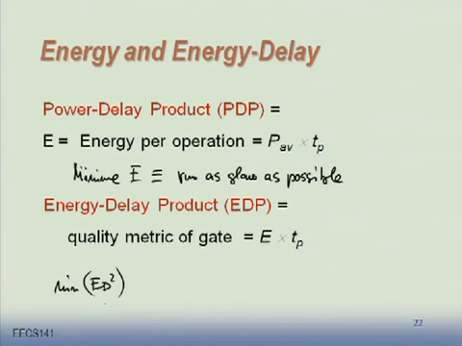If you want to run things really at low energy, with both energy and delay in the mix, you need to somehow find some kind of a trade-off. So that gives equal weight to energy and the delay.